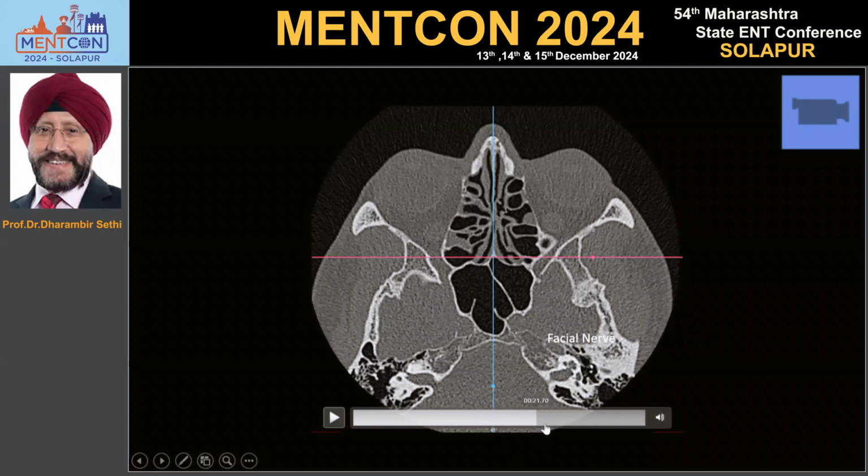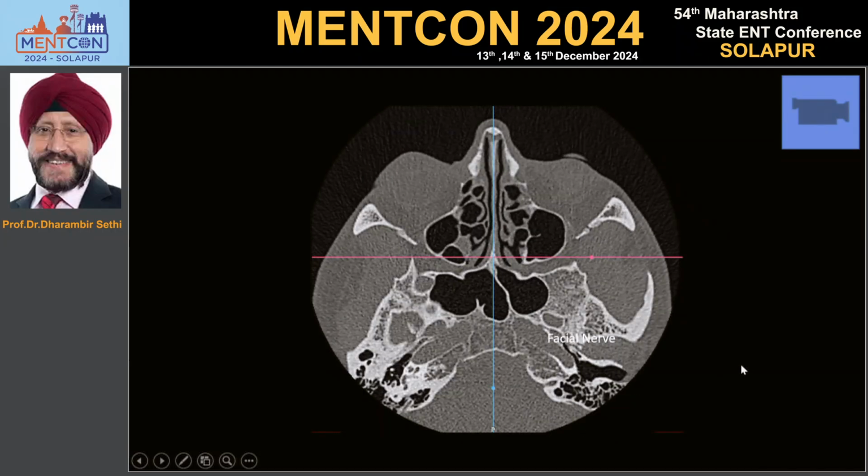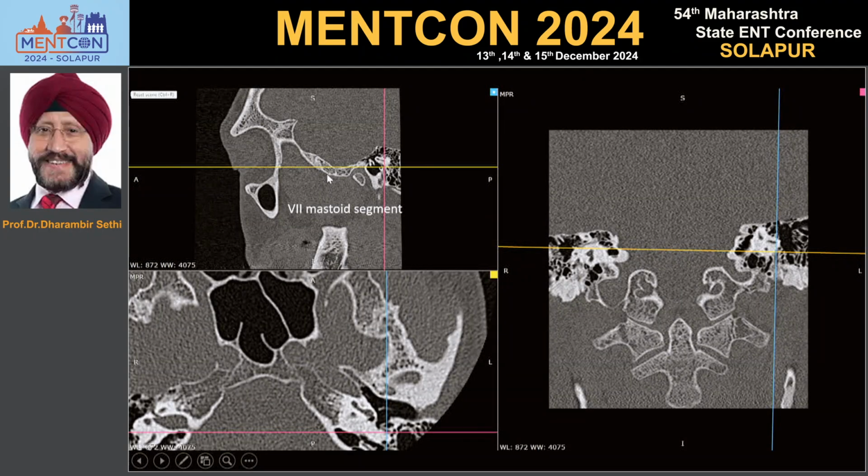Let me run it quickly. Okay. And you can see the entire facial nerve, the mastoid segment of the facial nerve, on the central section here.